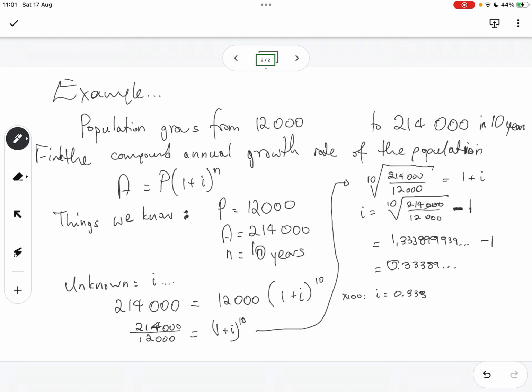So I would be times 100. Therefore, 33.4%. So the population grew by 33.4%.